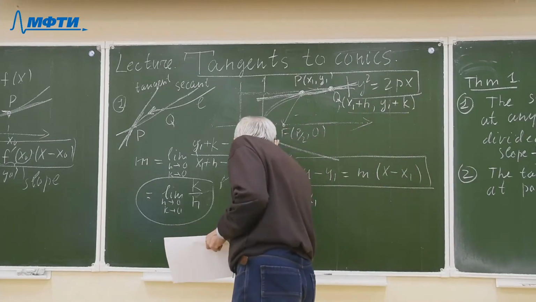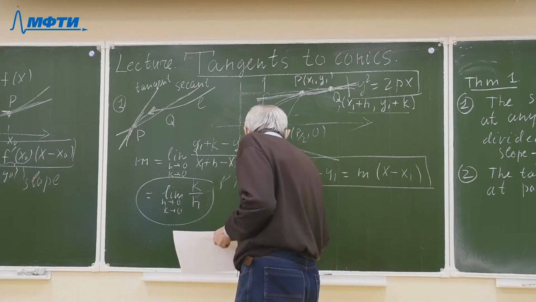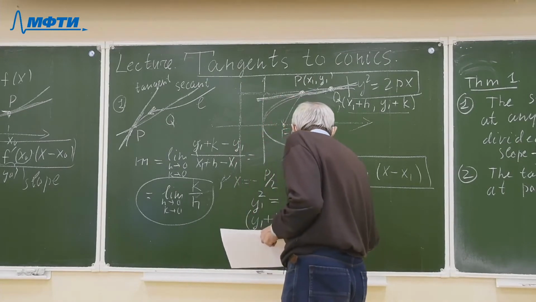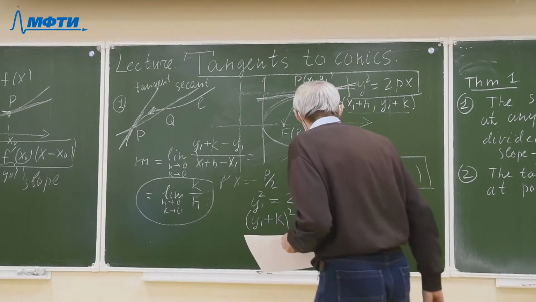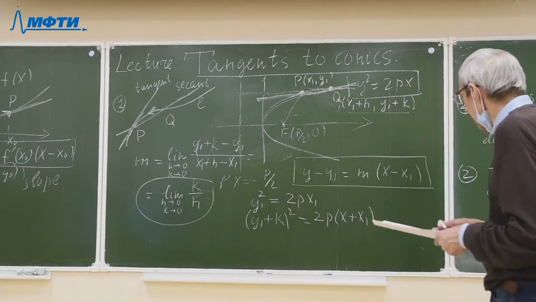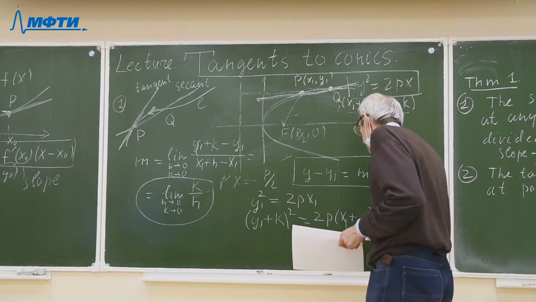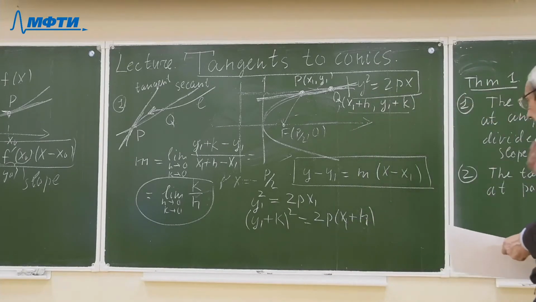And we obtain another equation, (y1 plus k) square is equal to p times (x1 plus h). Oh, I'm sorry, x1 plus h.